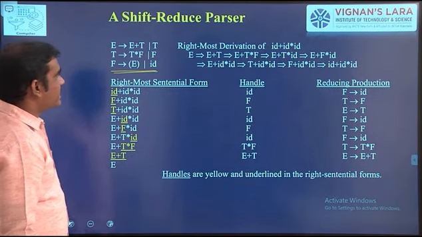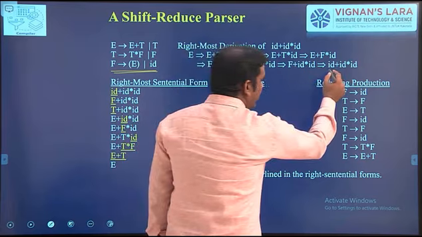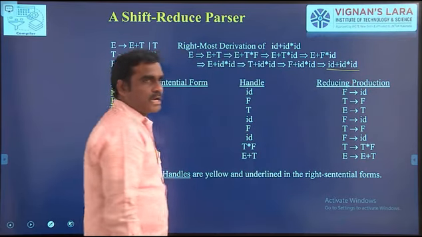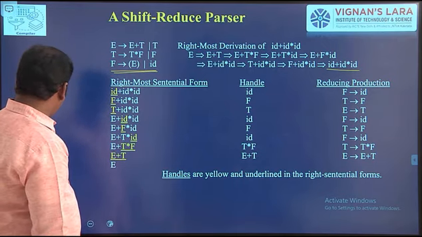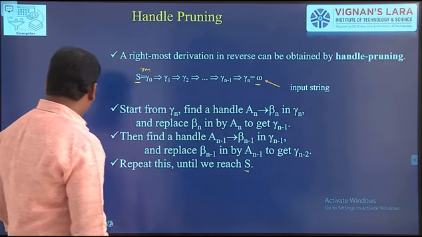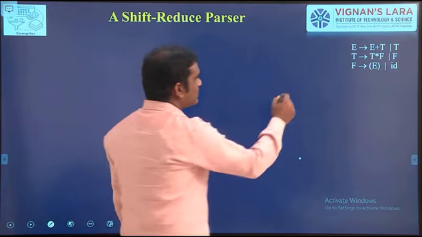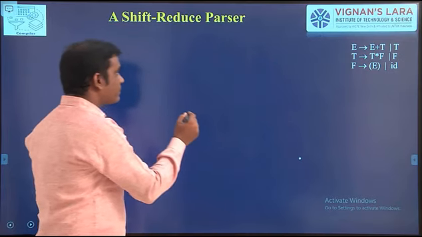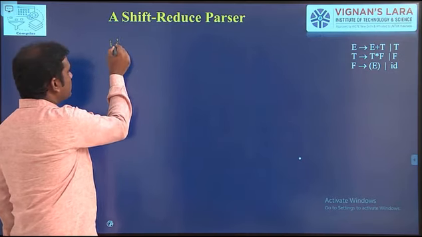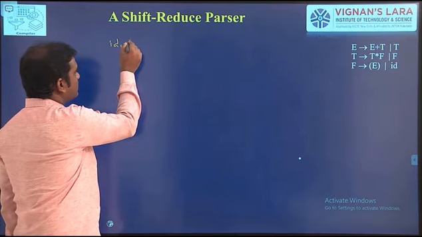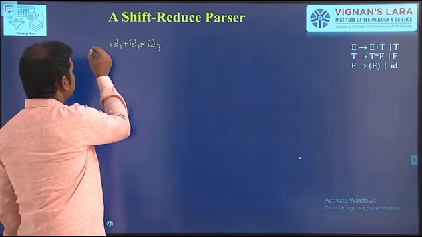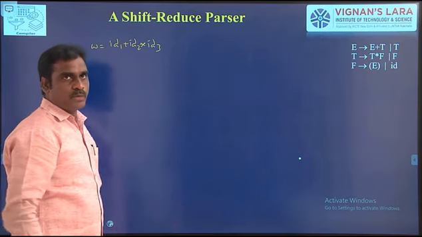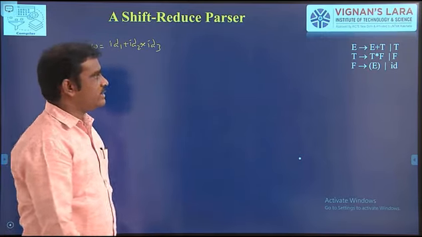Here the input string is id plus id star id, so a total of 3 ids. For example, take this as the input string: id1 plus id2 star id3.